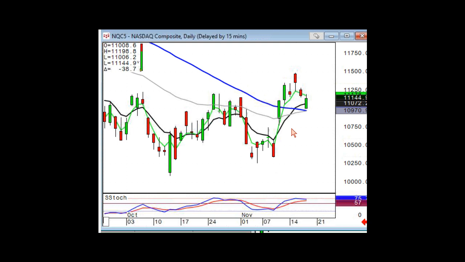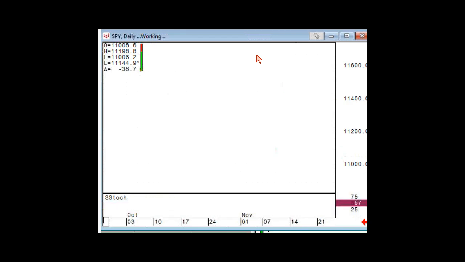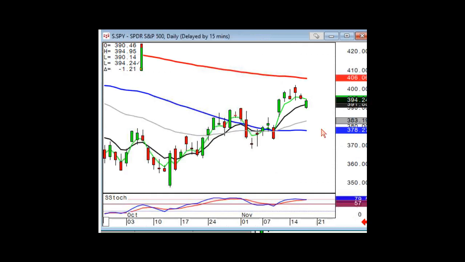So what do we assess from this? We're not in a reversal just yet because we're still above the T-line. I don't even know whether I can bring the S&P 500 up over here. Same scenario on the S&P 500. Opened lower. Where did they close it? They closed it above the T-line.